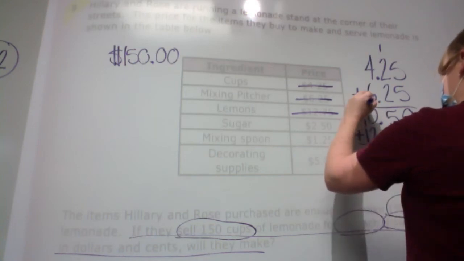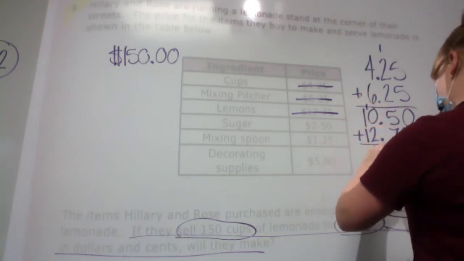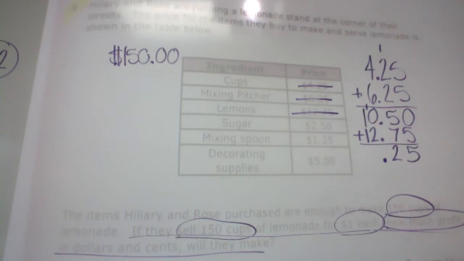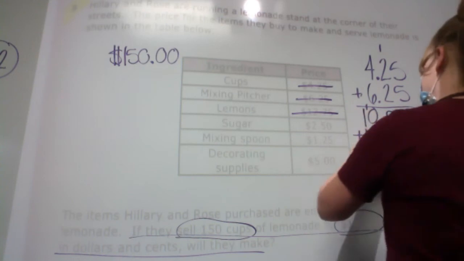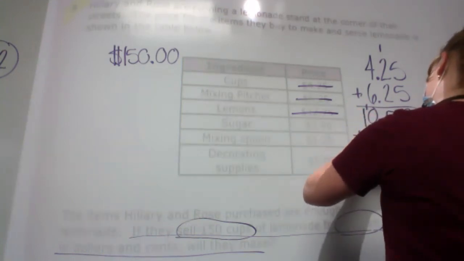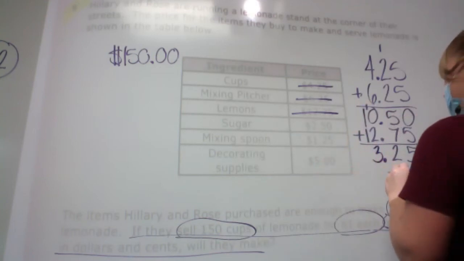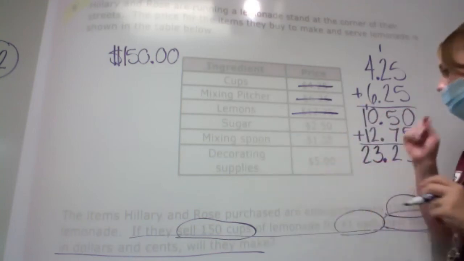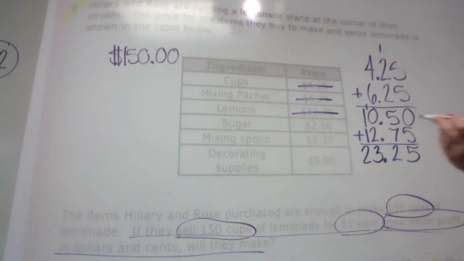I'm going to carry that 1. Don't forget about the little decimal point. Just bring that down. And then 2 plus 1 is what? 3. And then I've got 1 plus 1 is 2. Okay, just a few more numbers to add on.